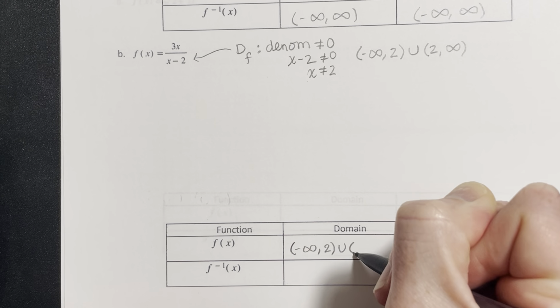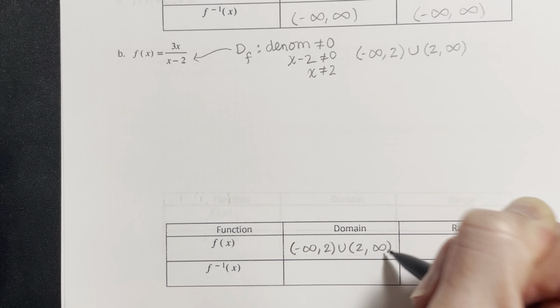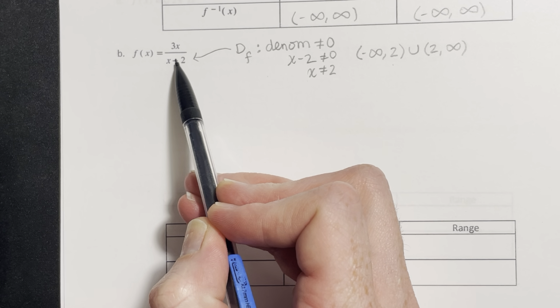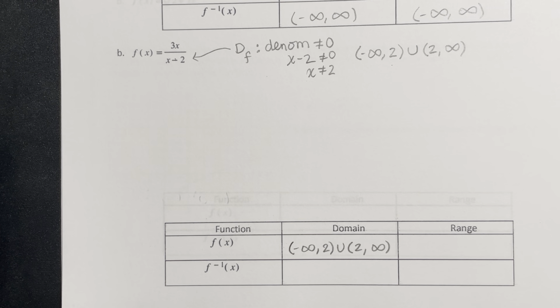It is much more difficult to find the range of a rational function. So I'm not normally going to ask you to find the range of this rational function automatically, but because we can find the inverse, the domain of the inverse is the same as the range of that original rational function.